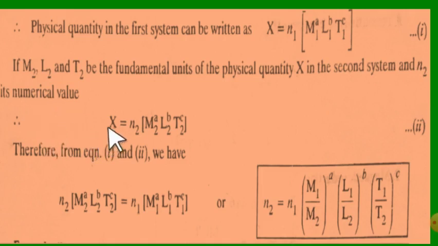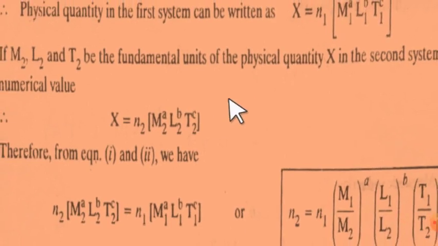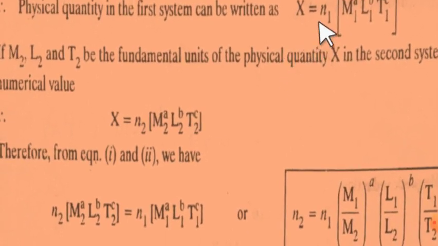Therefore, x can also be expressed in the second system of units as n2 times M2 to the power a, L2 to the power b, T2 to the power c, where a, b, c are the dimensions of mass, length, and time. These dimensions will never change when we change the system of units.